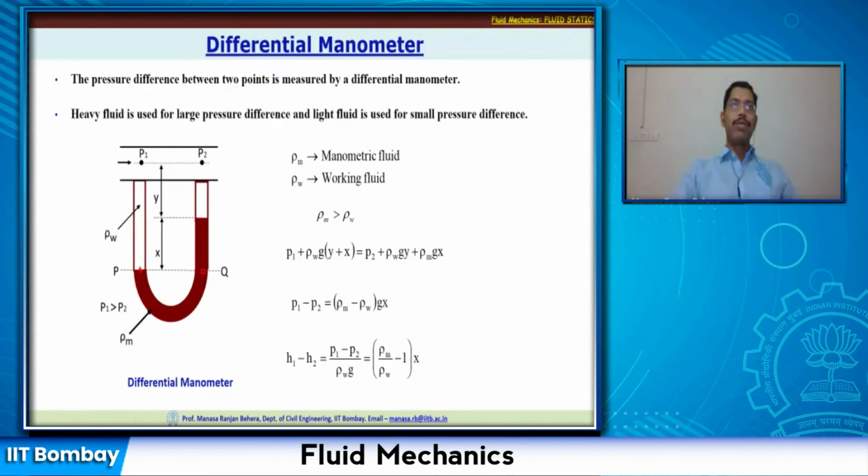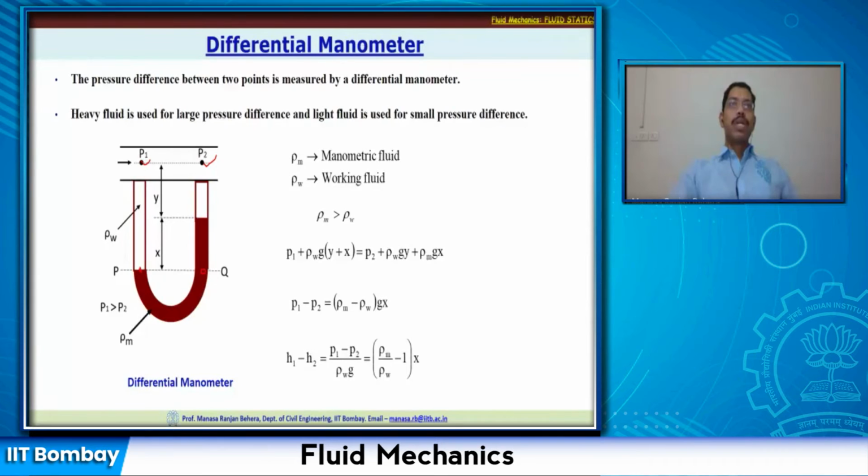Let us say it's P and Q, and if I start balancing these both, P1 is the pressure at this point, plus rho W G multiplied by X plus Y. So X is this difference, plus Y is up to the center of the pipe. So the weight of this fluid column is added here, and it is equal to P2, the pressure at this point, plus rho W G Y.